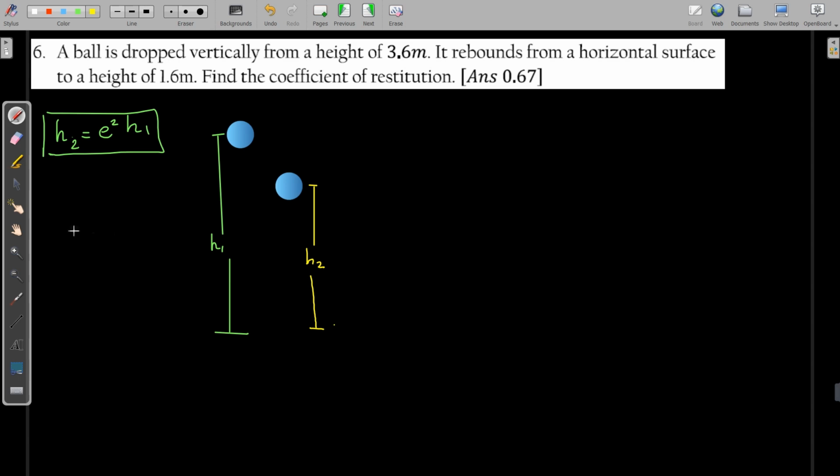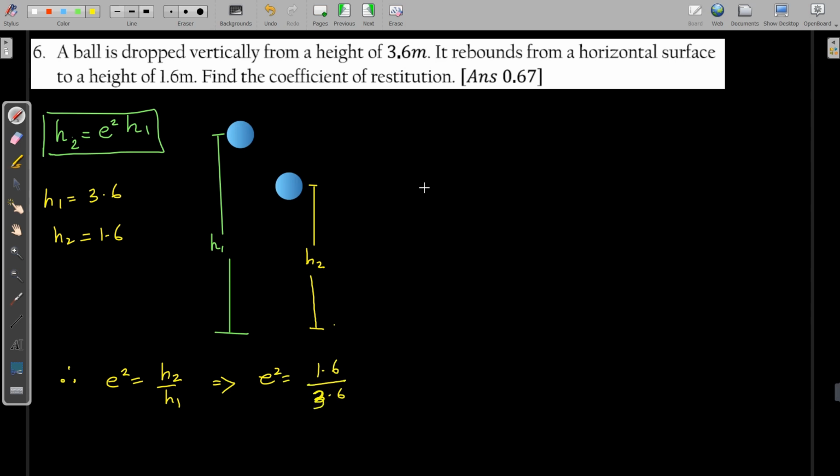Here H1 given in this question is 3.6 and H2 is 1.6. Therefore we can find e square is equal to H2 by H1, that is 1.6 by 3.6.